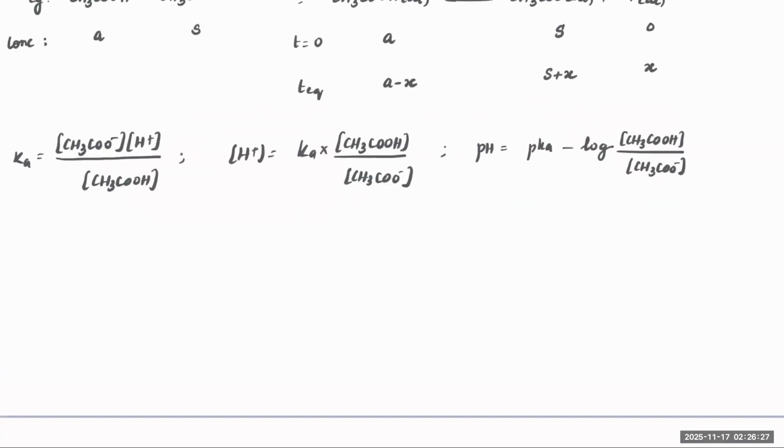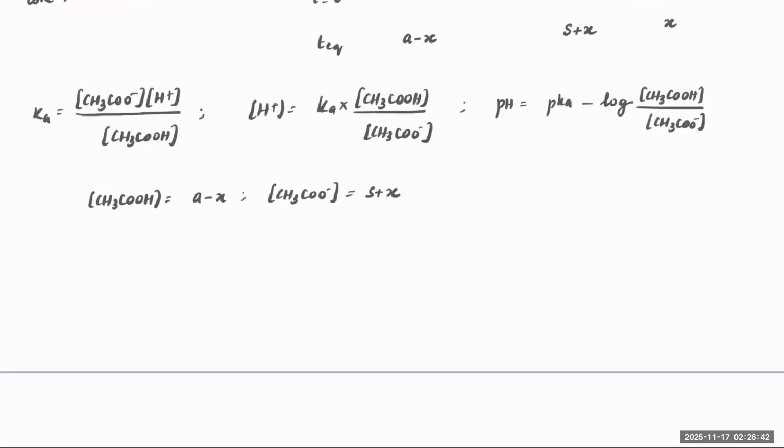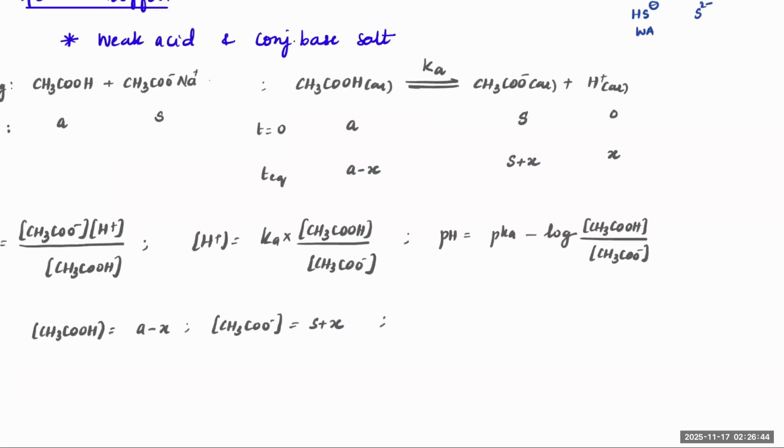Now notice, CH3COOH concentration is equal to A minus X and CH3COO minus concentration is equal to S plus X. Now listen, this is a very weak acid.